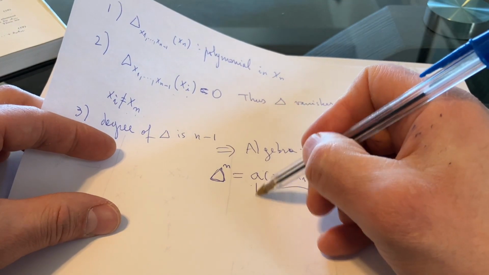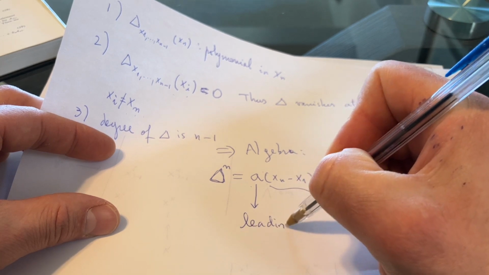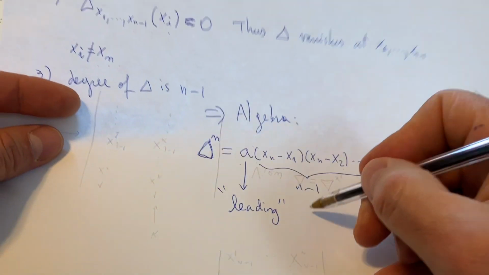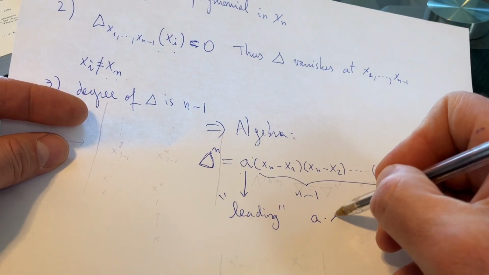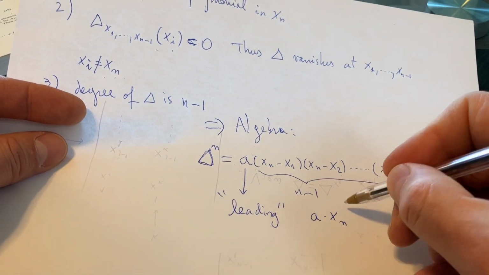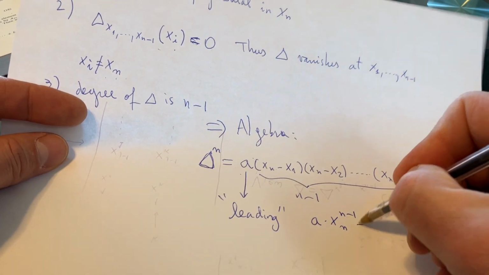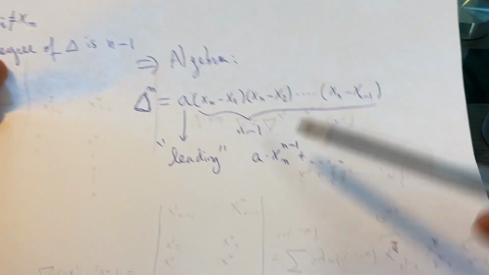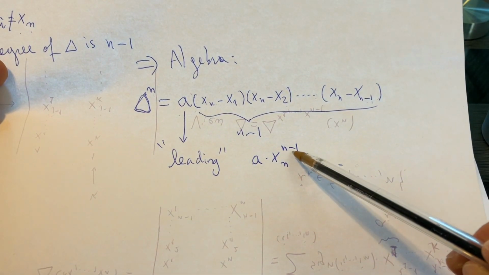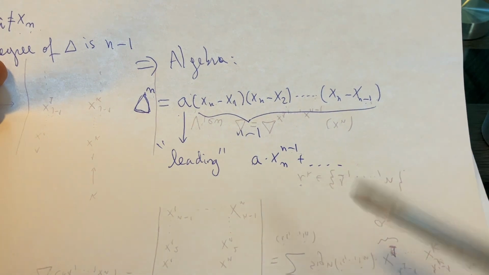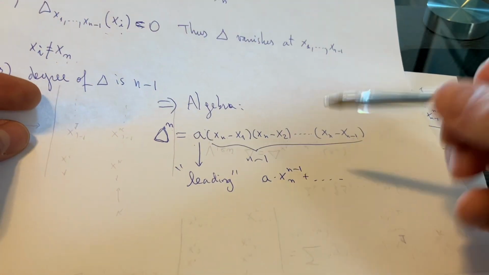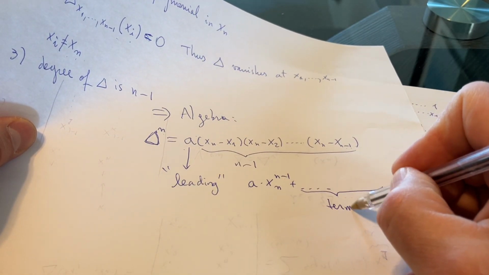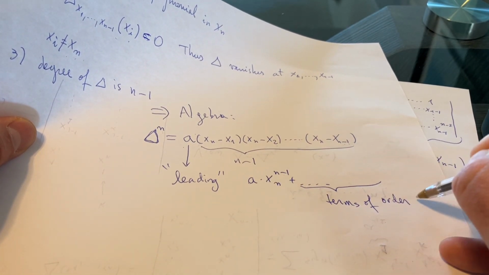So A is the leading coefficient of my polynomial, which means it's the coefficient of the highest power here, which is xn power n minus 1. So this polynomial, the Vandermonde determinant, can be written as A xn power n minus 1 plus the remaining terms, which are of order n minus 2.